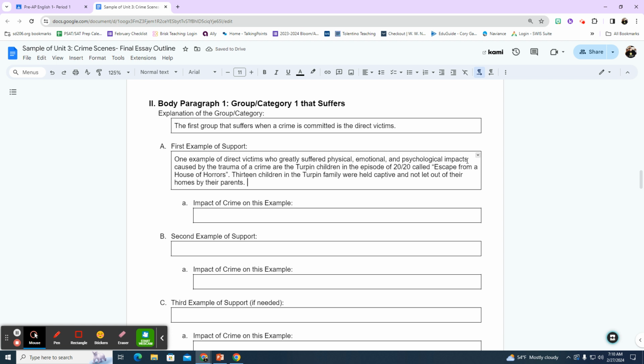So now I give some more information about how they were direct victims, but I might want to elaborate and talk a little bit more about the abuse that they suffered.